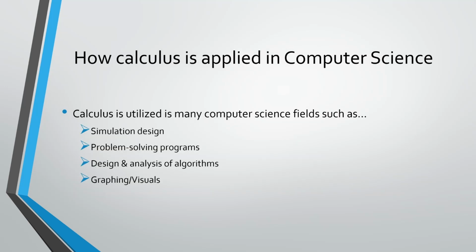So how is calculus applied in computer science? Calculus is utilized in many computer science fields such as simulation design, problem-solving programs, design and analysis of algorithms, and graphing and visuals. A lot of this goes back to what I was just talking about, implementing calculus into software engineering and software design to make programs that calculate speed or the rate of change or where a variable is.